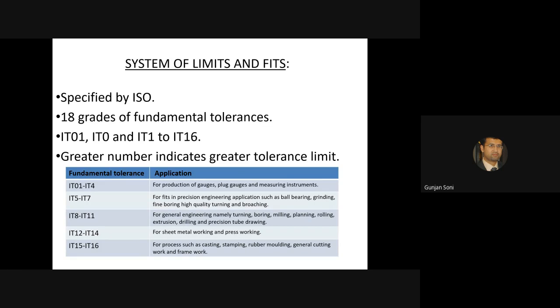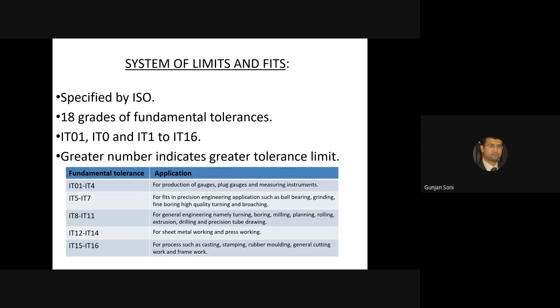That means it's not like I can give some tolerance of my choice to a basic size. No, you can't do that. Depending on what kind of assembly you want to do, you are going to choose a tolerance. Why fundamental? Because these are standards and you can't deviate from that.